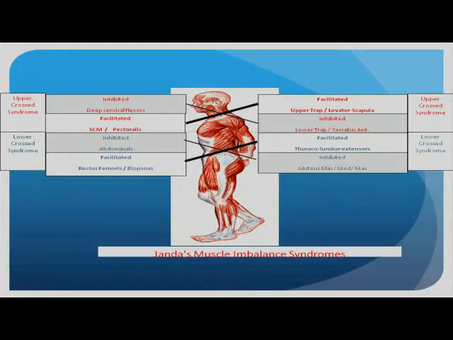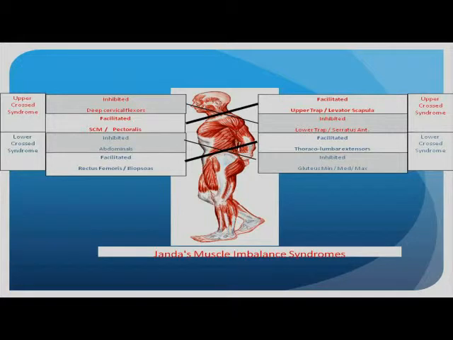One of the common things in Janda's muscle imbalance syndromes that we hear talked about an awful lot is the upper and lower cross syndromes. The upper cross syndrome should sound fairly familiar based on the things we've talked about. In these syndromes, the theory is that you have muscles that are facilitated on one side, thereby inhibiting the appropriate use of their antagonist muscles.